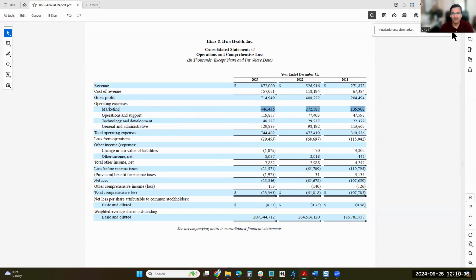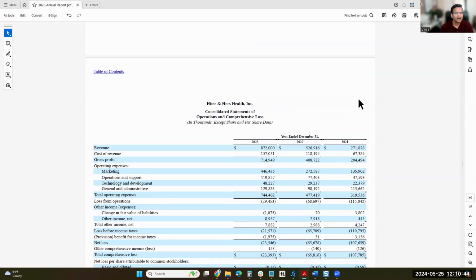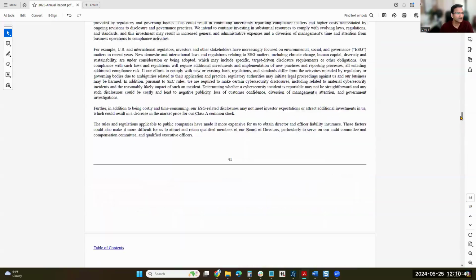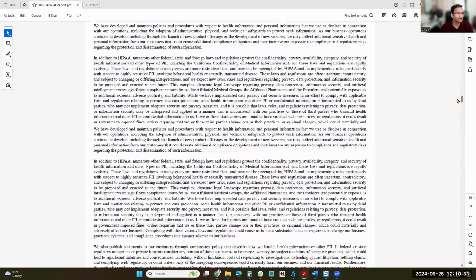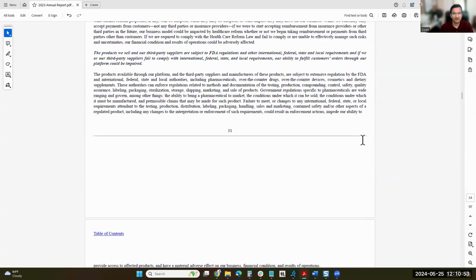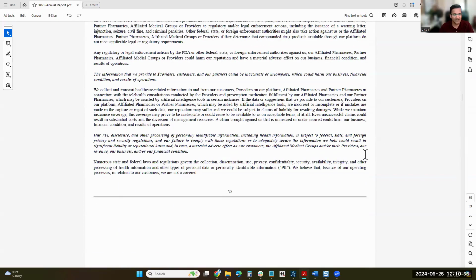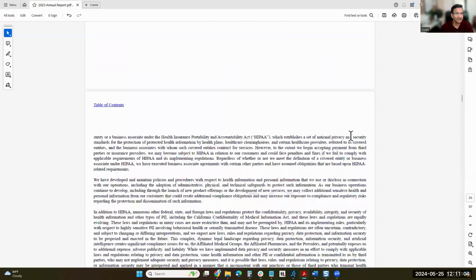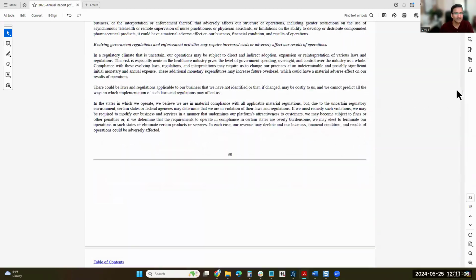So they are really not getting traction in the market, at least looking at just the last 3 years of data. I don't know how long it has been in the business. There should be a history of when they came out. But anyway, I don't want to spend all the time. I generally spend more time, but I just want to give you thoughts on how to go about it. So I will look at the history and see how long this company has been around. But right now we have only 3 years of financial data.